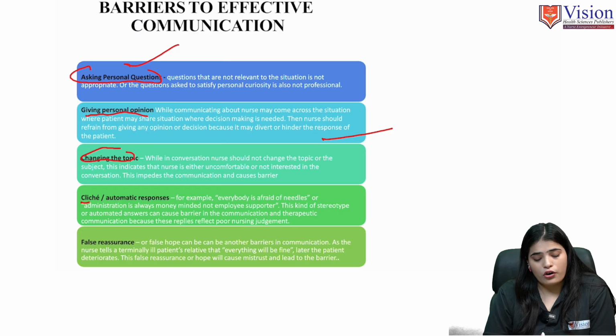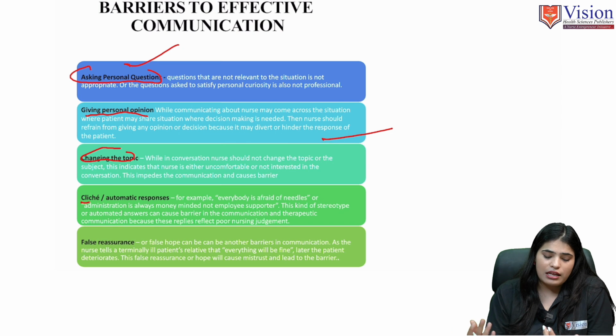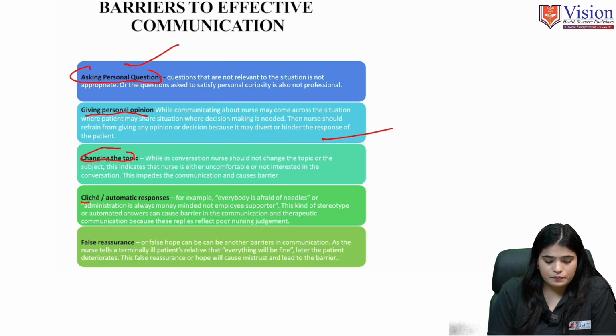Next is cliche or automatic responses. If the patient is talking to you about the fear of needles and you say everybody is afraid of needles, or that is how it is done, we should not provide such responses to the patient. Instead, we have to try to understand the patient and help them understand the procedures.